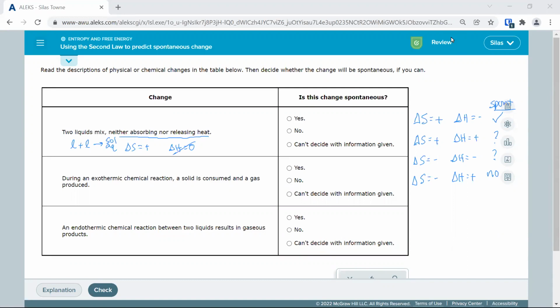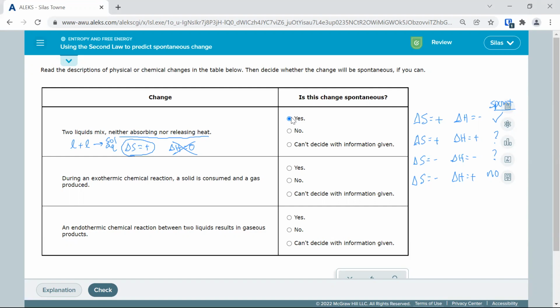So it is not part of it. And so since we have an entropy that's positive and the surroundings are not part of it, we're going to say that it would be spontaneous. Okay, so that's a good example of something that kind of fits outside of those four options.